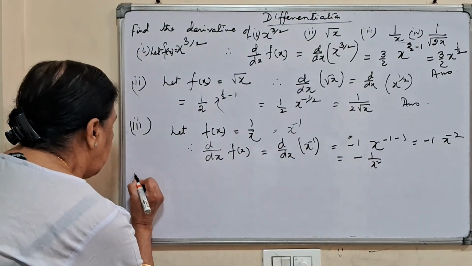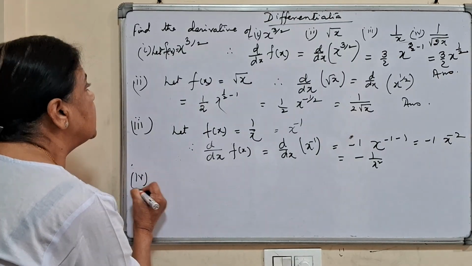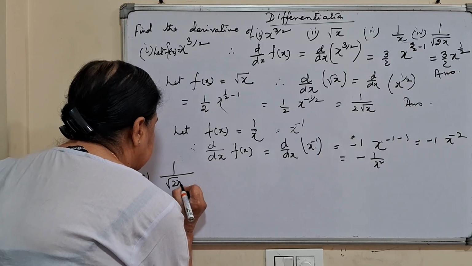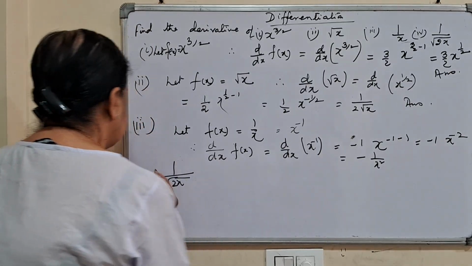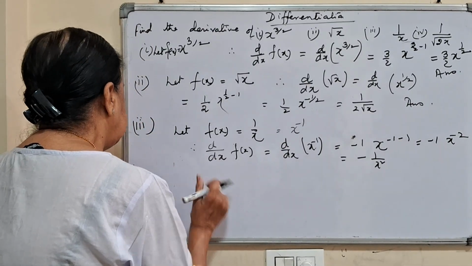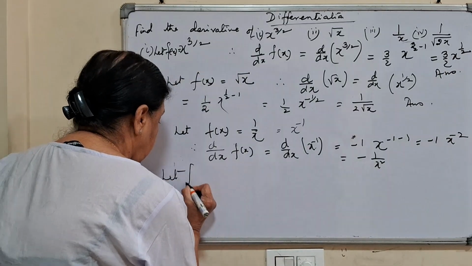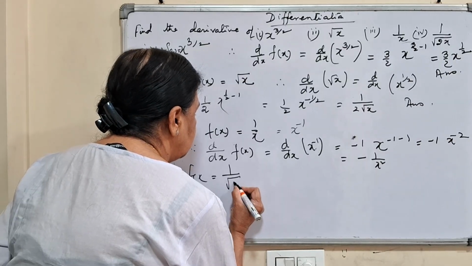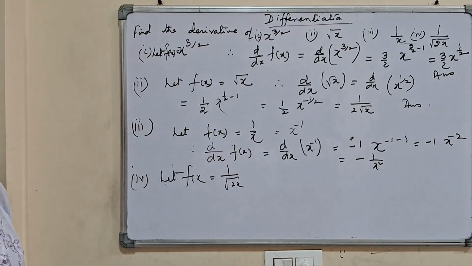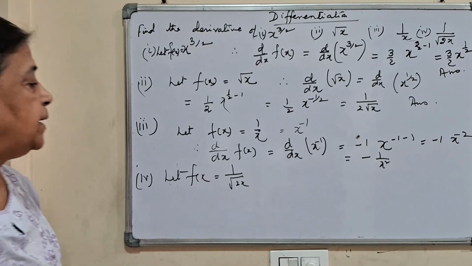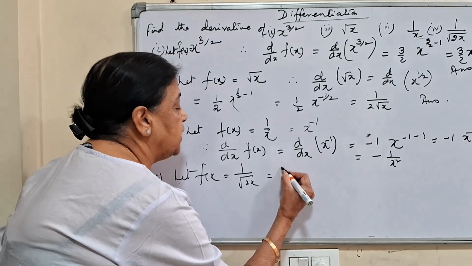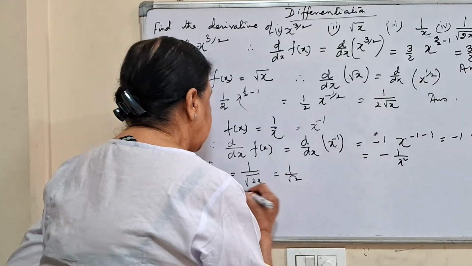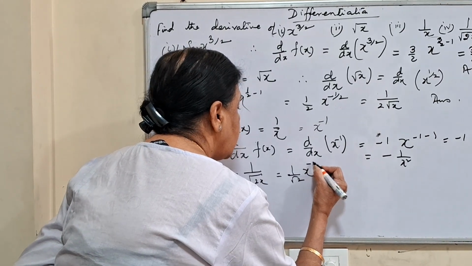Then the fourth part says let f(x) is equal to 1 by root 2x. Root 2 here is a constant, so we write 1 by root 2 here, and x raised to the power minus half.